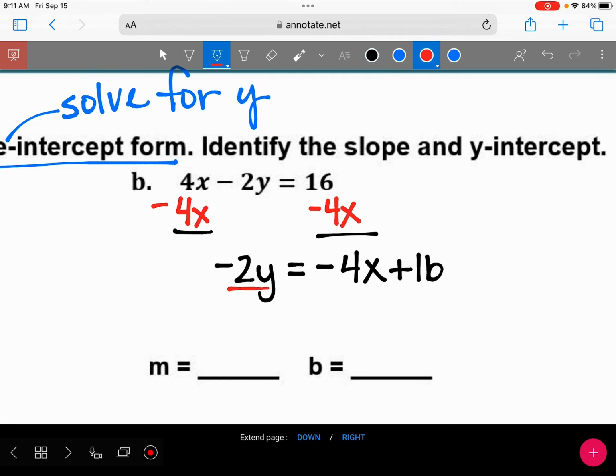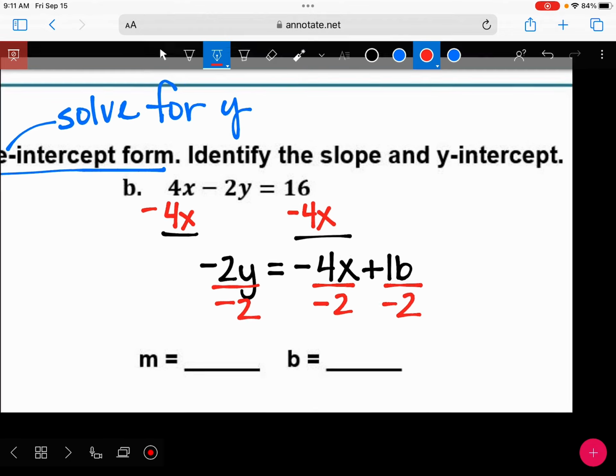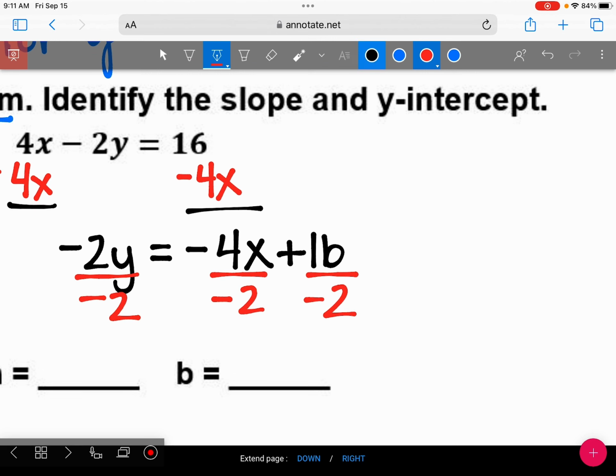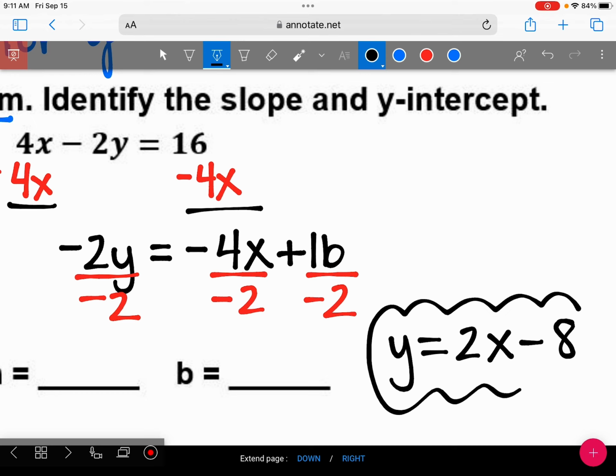And now you're dividing every single number by -2. So that gives us y equals 2x minus 8. That's my slope-intercept form. What's the slope? 2. What's my y-intercept? -8.